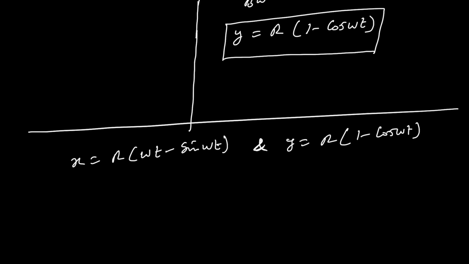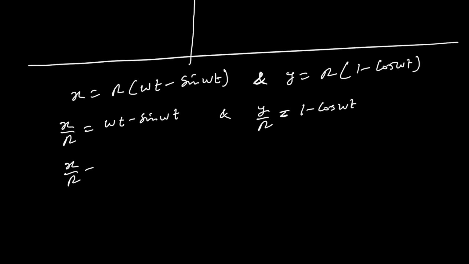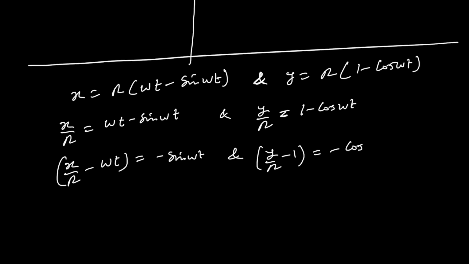To analyze what a cycloid is, let us do one more thing. Let's say x by r is equal to omega t minus sine omega t, and y by r is equal to 1 minus cos omega t. Or what you can write is x by r minus omega t is equal to minus sine omega t, and y by r minus 1 is equal to minus cos omega t.